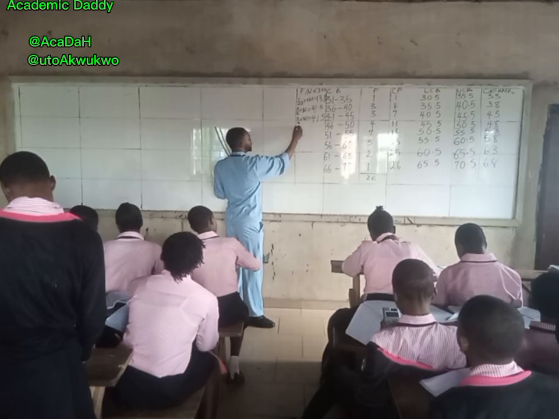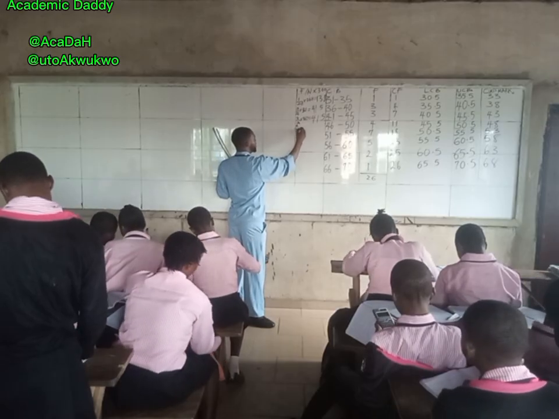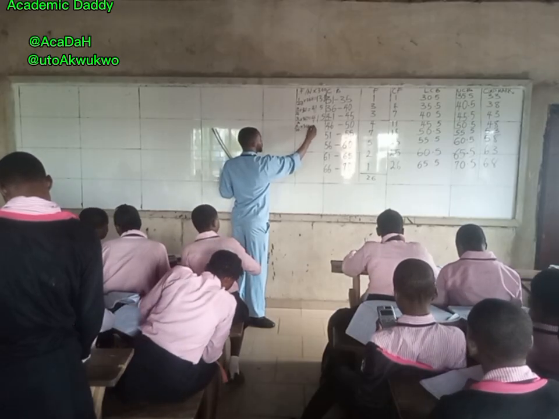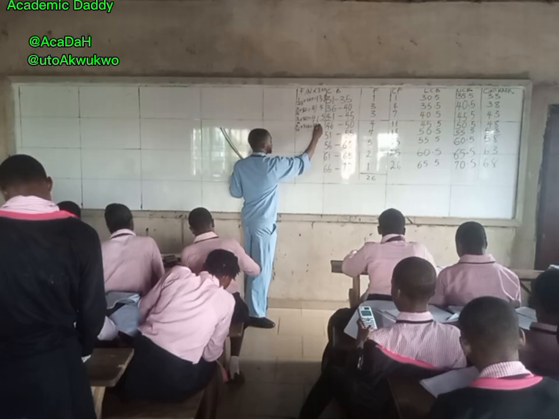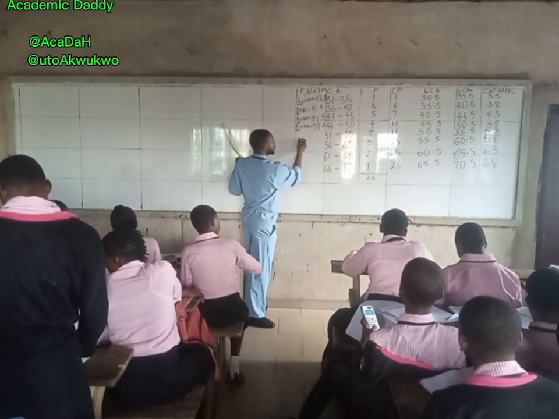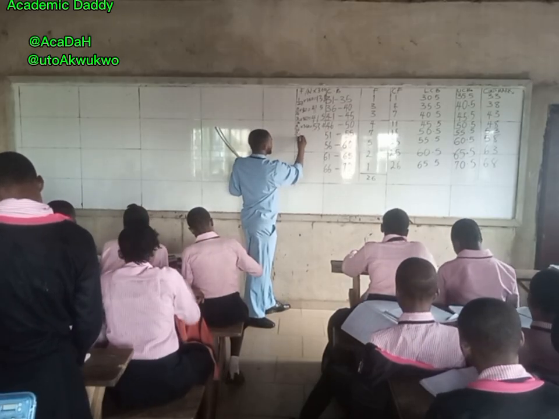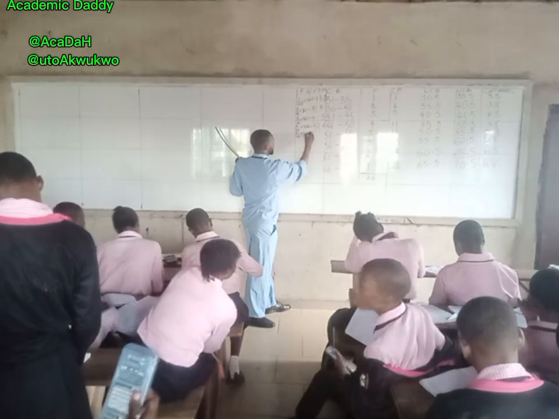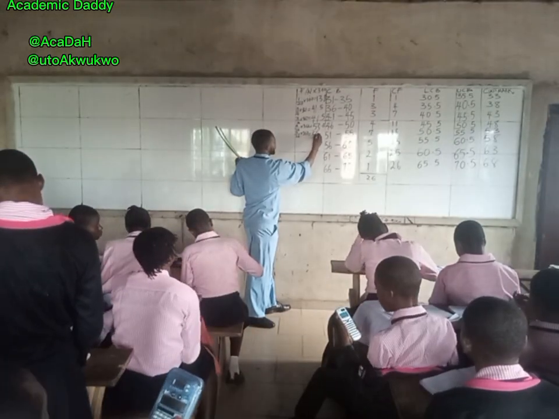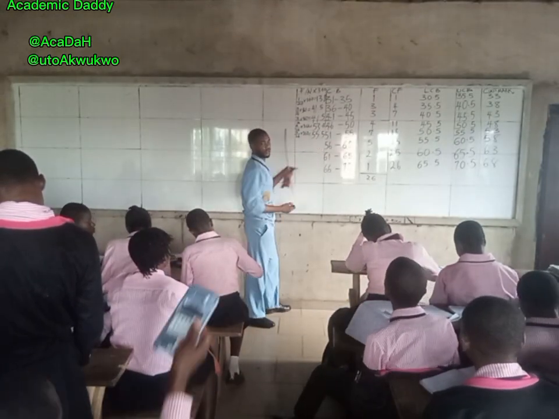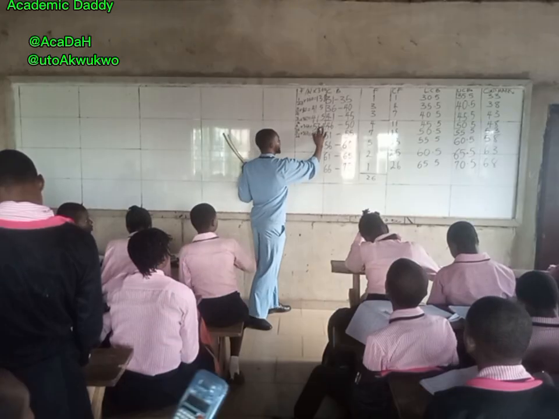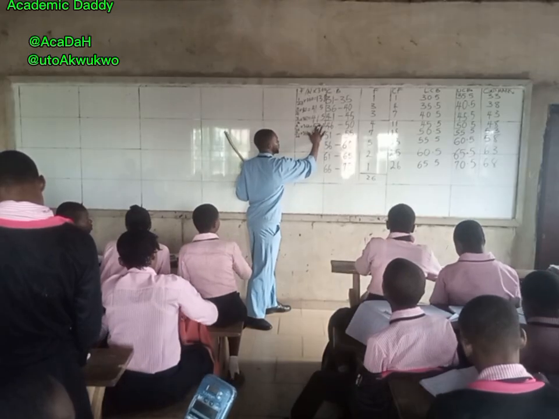Now the next one is 4/26 times 360, which is 53.4. So the next one is 7/26 times 360. What do you have? 55.3. Yes, 55.3.